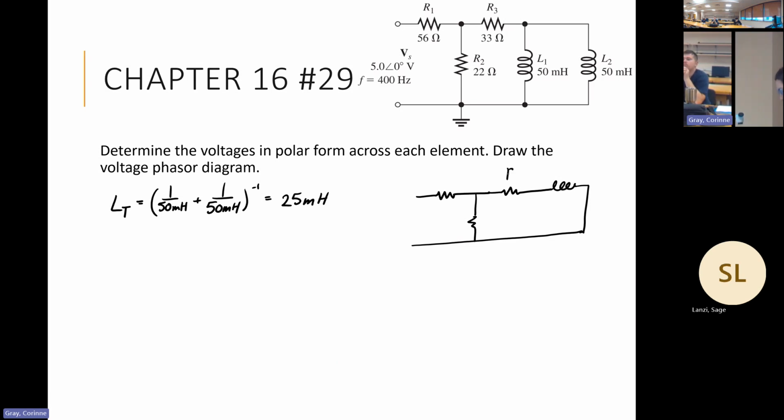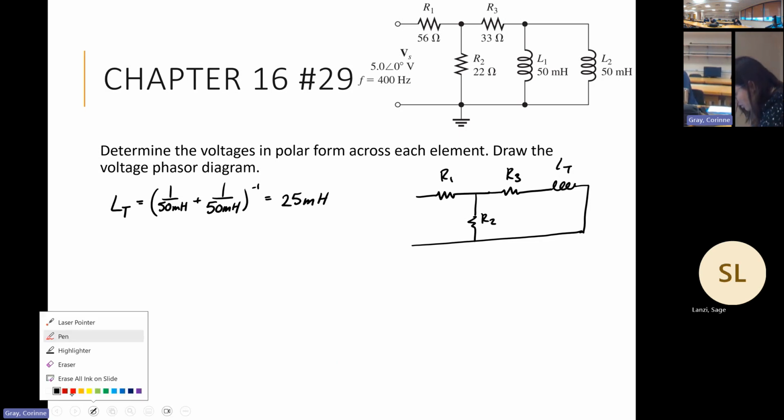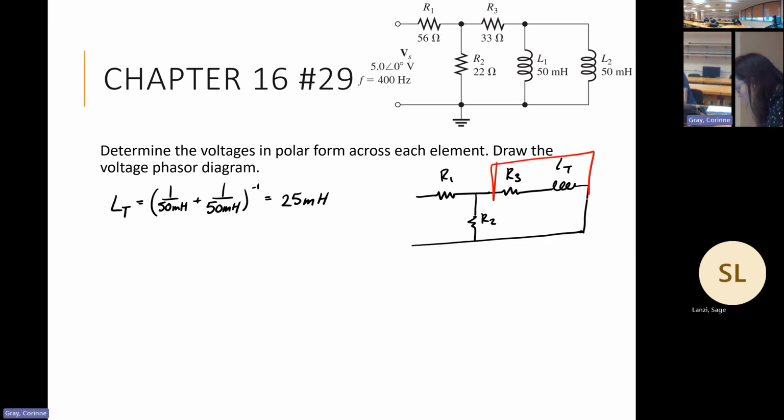We have R3 here, LT, R2, R1. You don't have to draw it like this, but as long as they're in the same part of the branch, I don't care. So looking at this, I need to look at this section of R3 and LT.